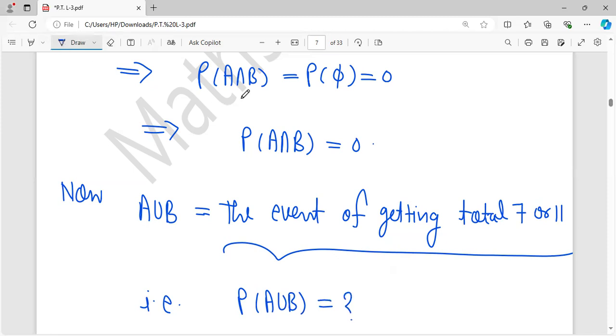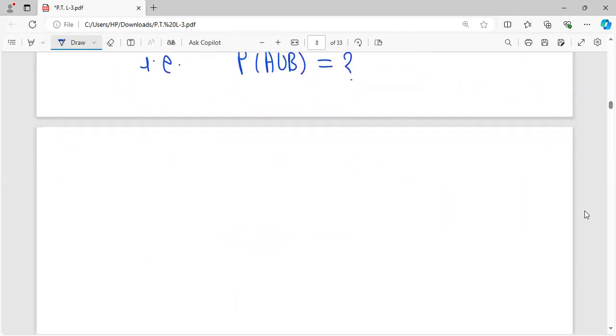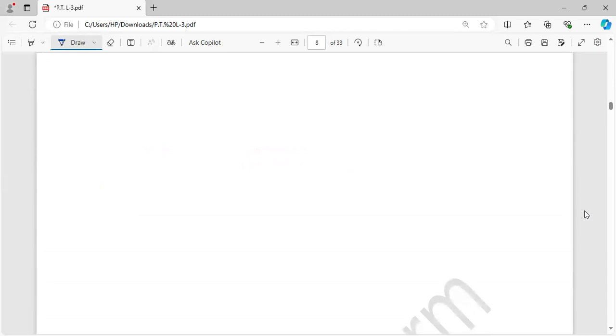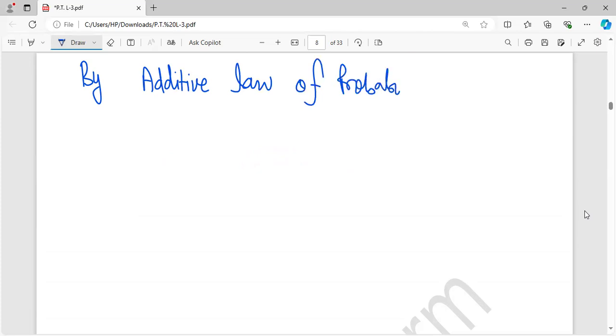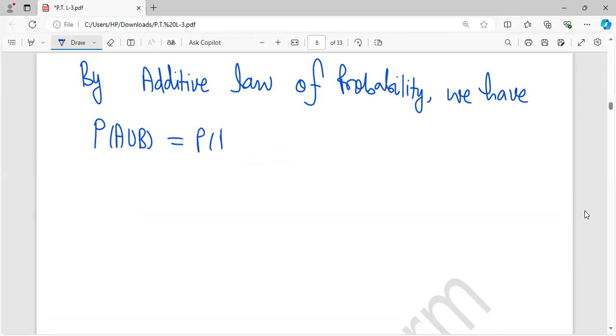So how will we calculate? By the additive law of probability, we have P(A union B) is equal to P(A) plus P(B) minus P(A intersection B).